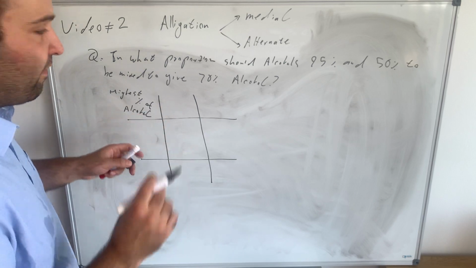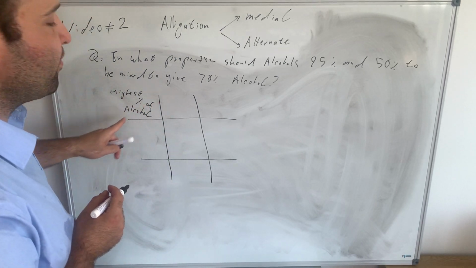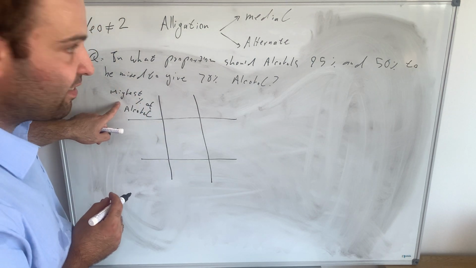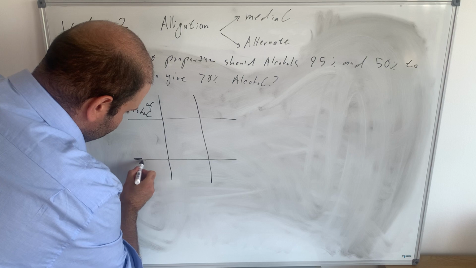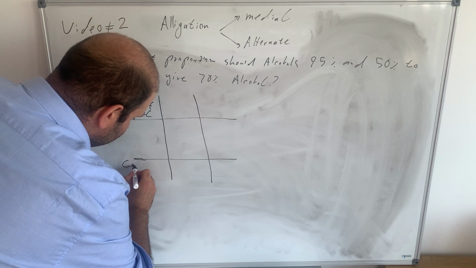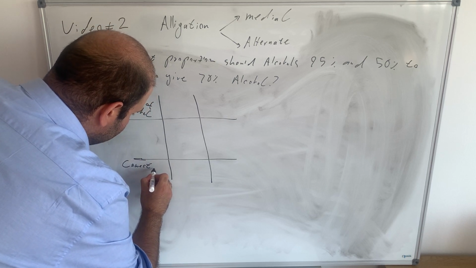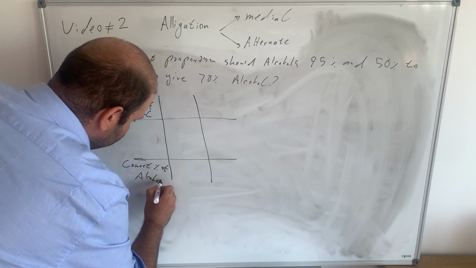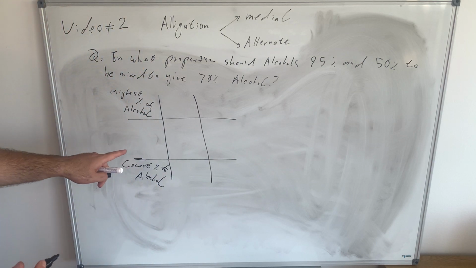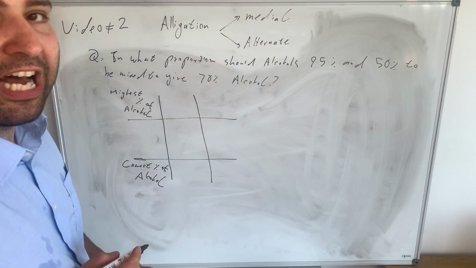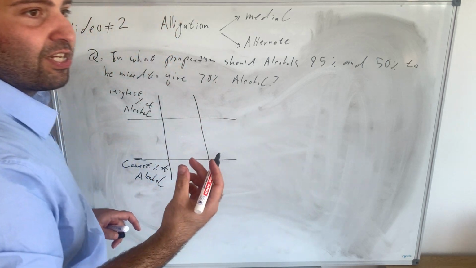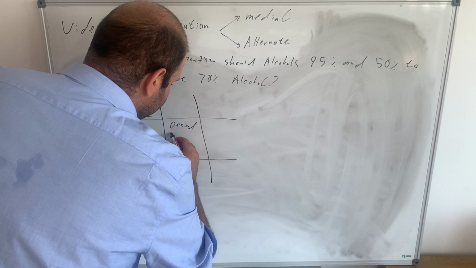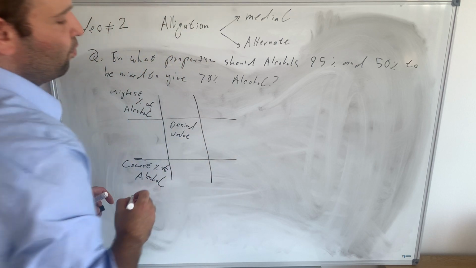The important thing is you should put the highest percentage of what you have here on the left side. Lower side, you put the lowest percentage of alcohol. And in the middle, you should write your desired percentage, the desired value that you are looking for.